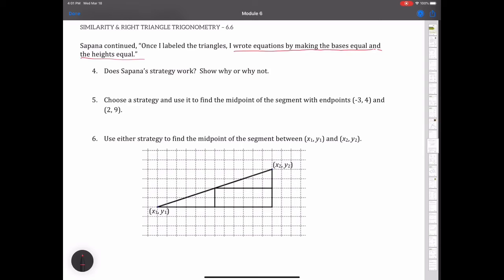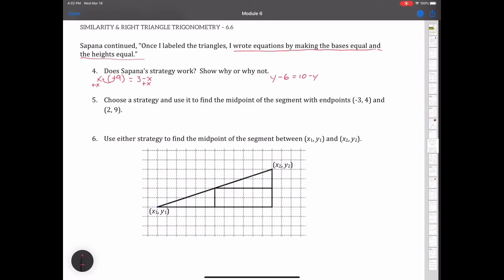So we'll take our bases, x minus negative 9, and 3 minus x, and set them equal. We'll also take our heights, y minus 6, and 10 minus y, and set them equal. And we're going to just go ahead and solve for x and y. I like positive numbers. So for 1, we've got that as a positive, but I'm going to add these x's over here.